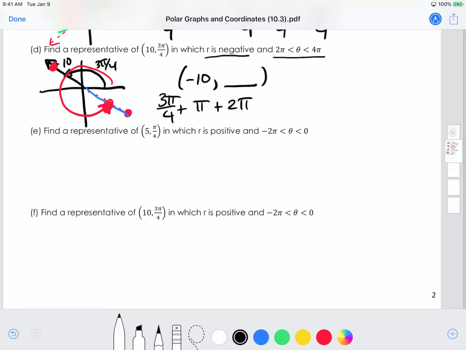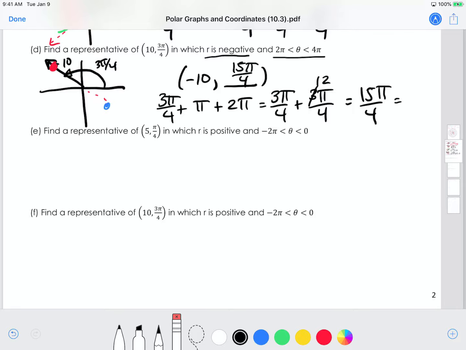So I have 3 pi over 4, and I'm adding 3 pi. I want a common denominator, so I'm going to make that 12 pi over 4. So that's going to give me 15 pi over 4 when I add them. So 15 pi over 4 is 3 pi plus another 3/4 pi.